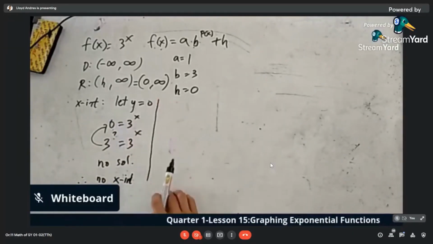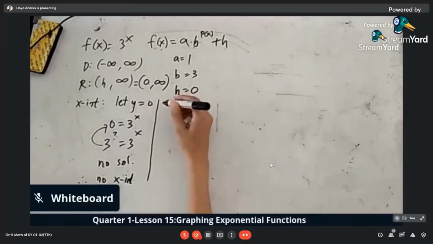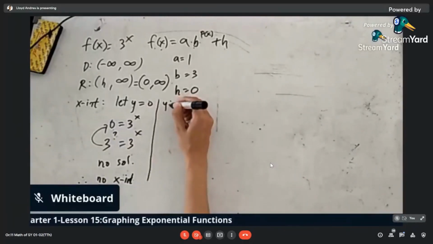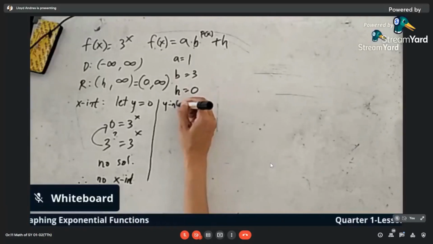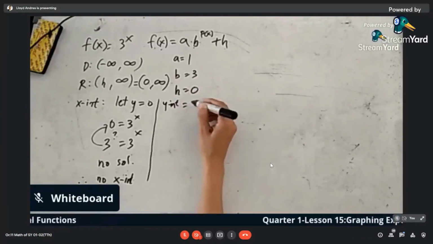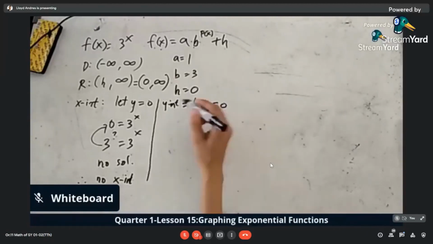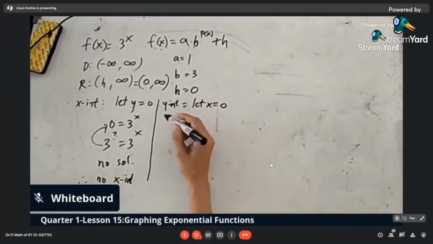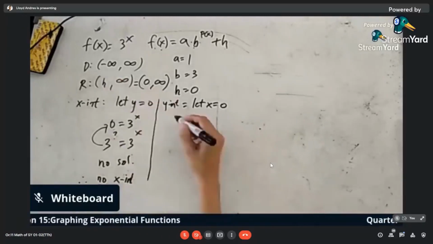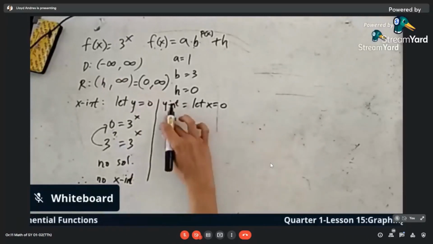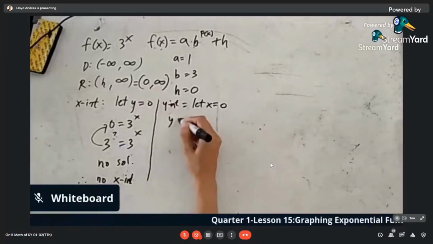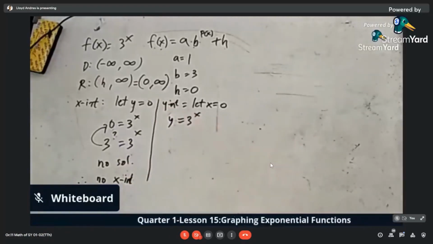Next, what about the y-intercept? For the y-intercept, you let x equal 0. So from the given, f of x or y, y equals 3 raised to x.